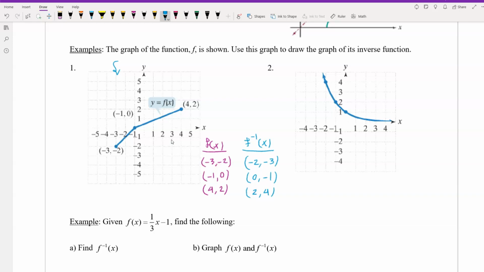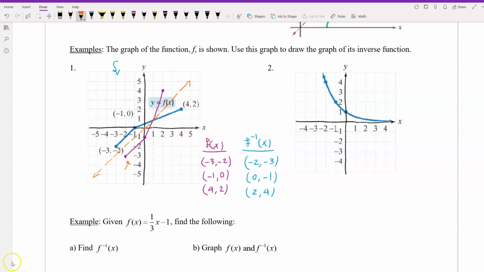So finding these points, we have (2, 4), we have (0, -1), and we have (-2, -3), and then connect these 3 points. This one is the inverse, and the one that I have in orange color, that is y equals x. So we can use y equals x and then mirror our graph, or interchange x and y.